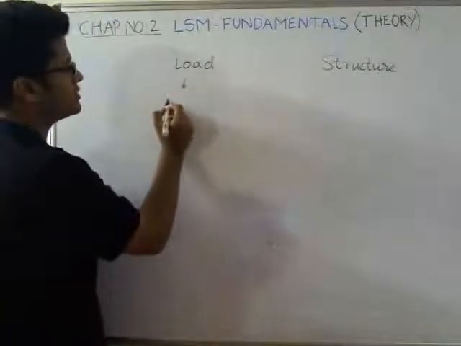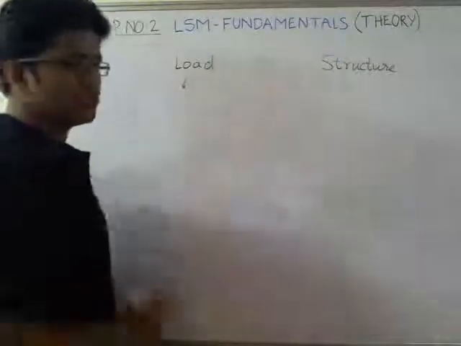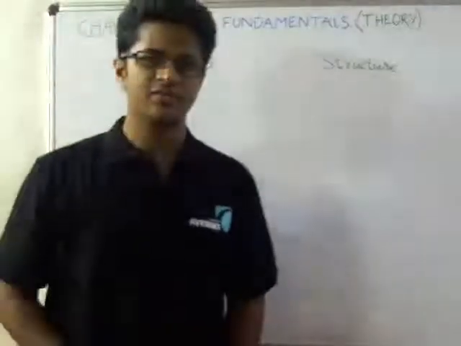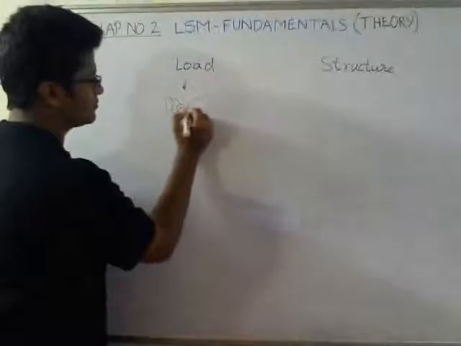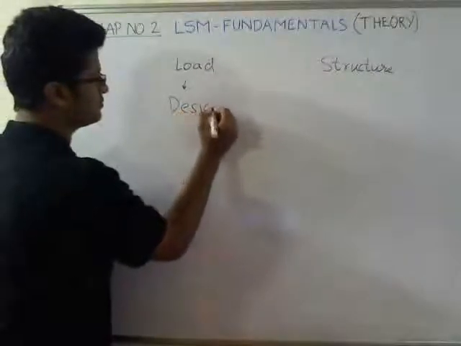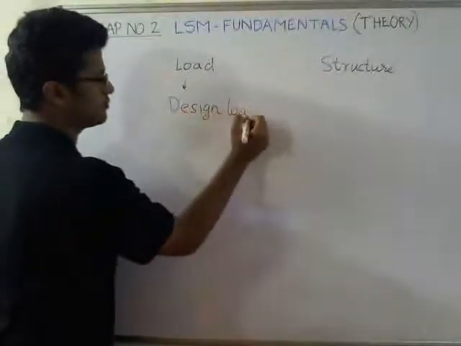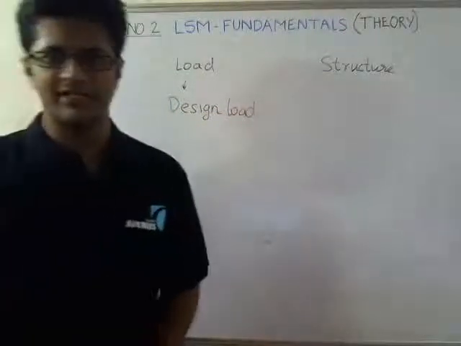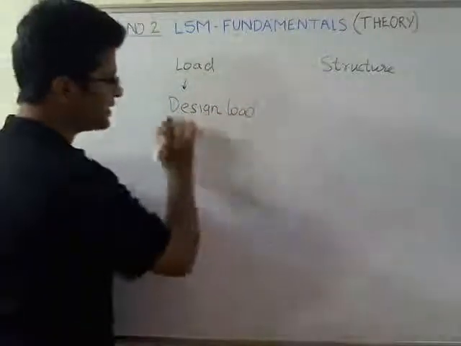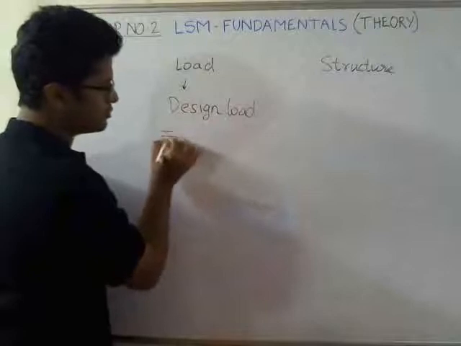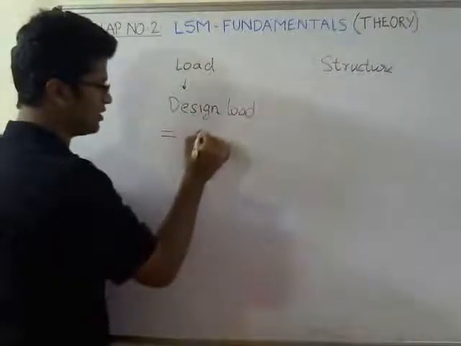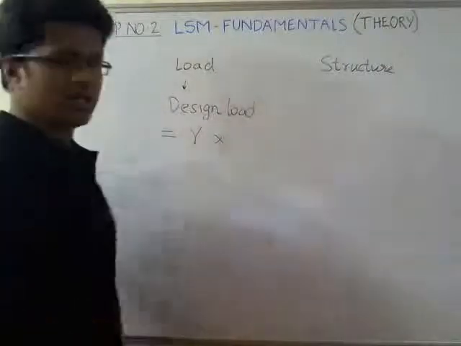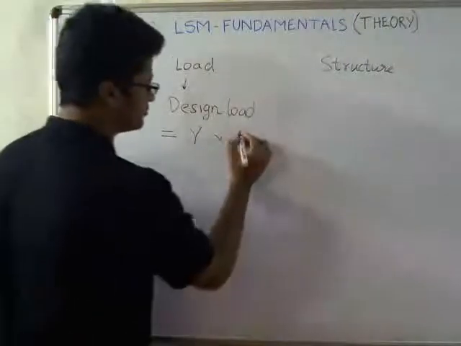The load which we use in our calculation while analyzing a structure is a design load. Now how to obtain design load? Design load is basically equal to a partial safety factor, let us say gamma, into the characteristic load.